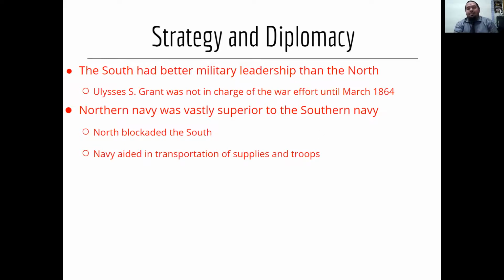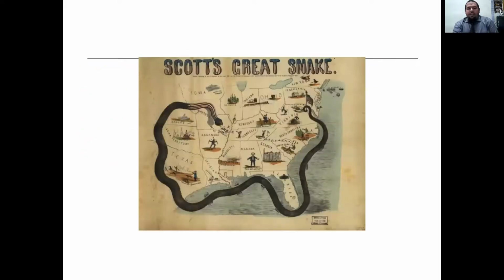Also to mention, transportation via railroad as well. So here you have something called the Anaconda Plan. An anaconda constricts their prey, and that's the point of the North, to constrict the South, blockading any routes out that they could possibly make trade and gain new supplies and bring in food, all of that.